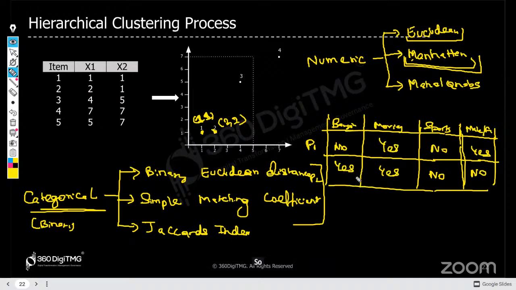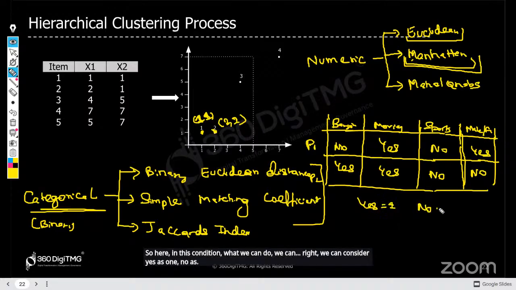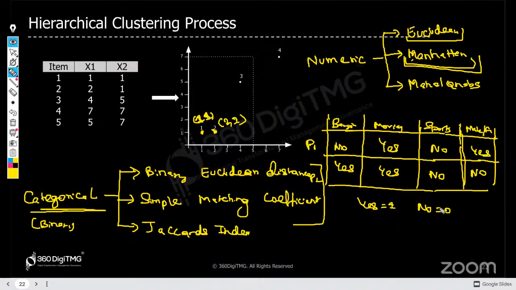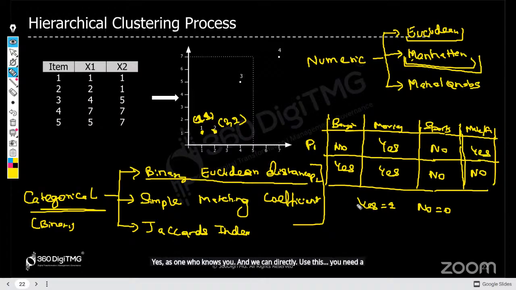So in this condition, we can consider yes as 1, no as 0, and directly use the Euclidean distance formula.